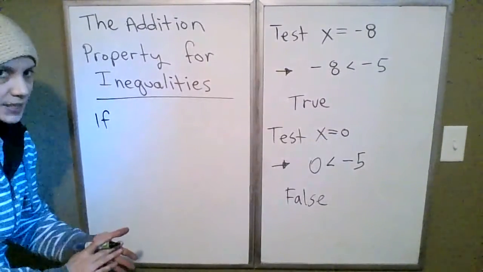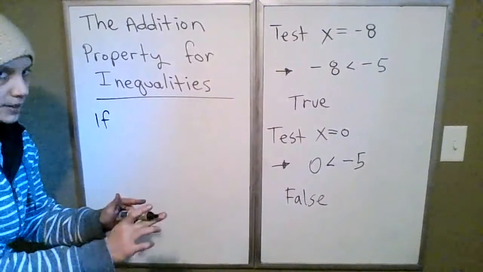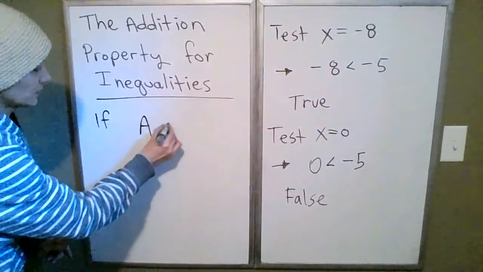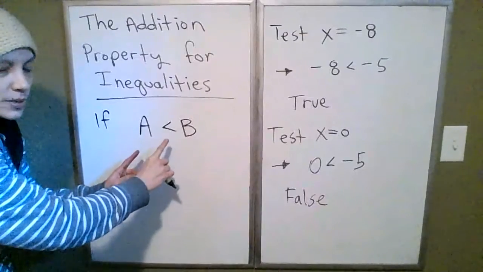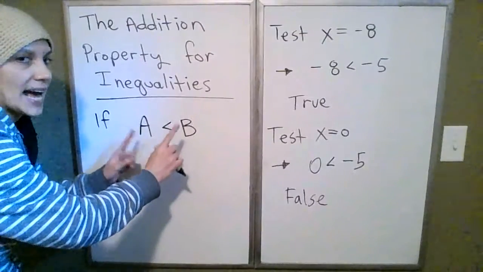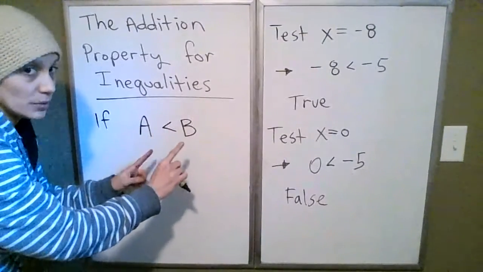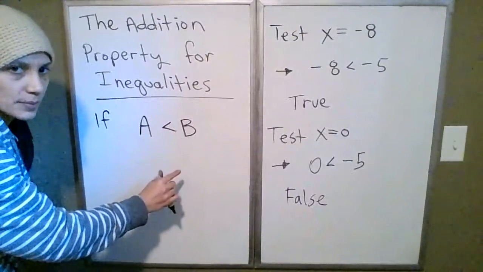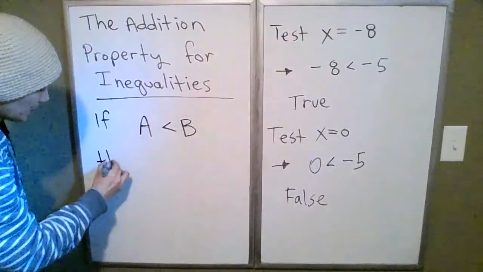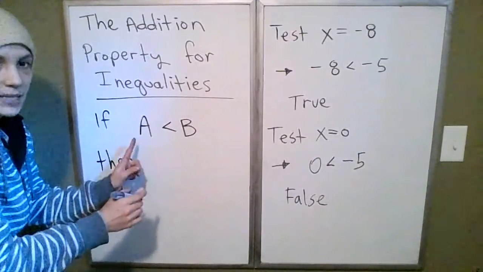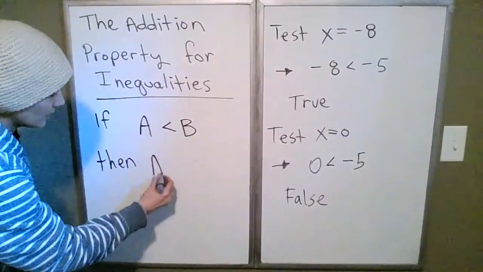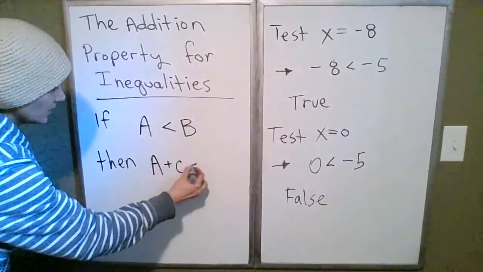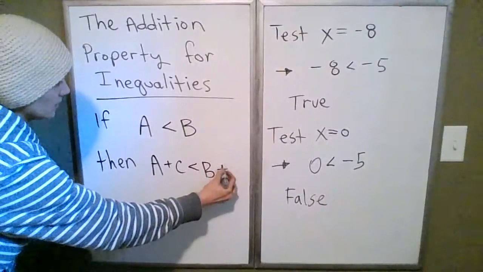So you start out with something like A less than B. Similar to an equation, we can add the same value to both sides and keep this symbol. So if we add C to this side, it's less than adding C to that side. A plus C is less than B plus C.